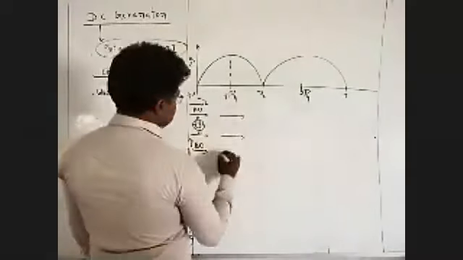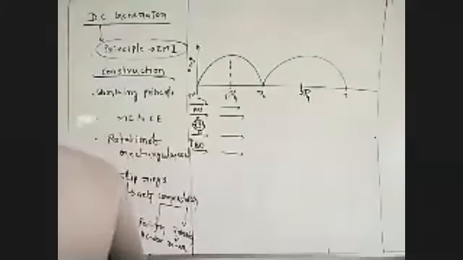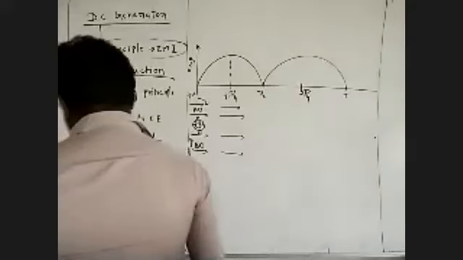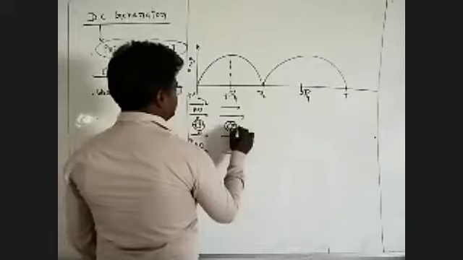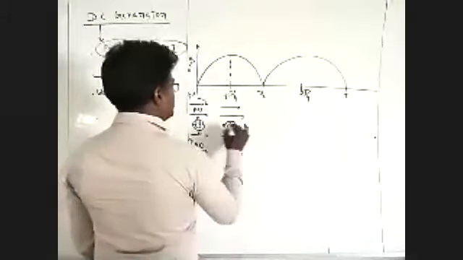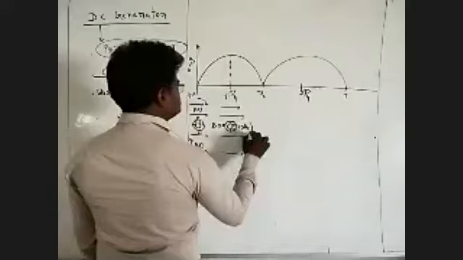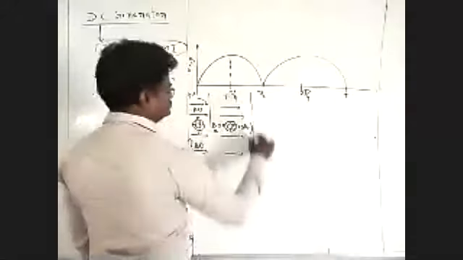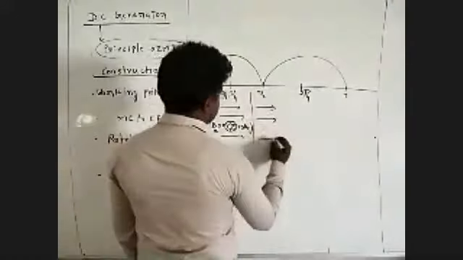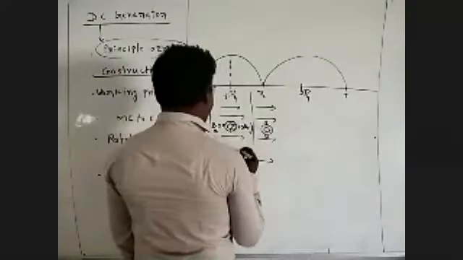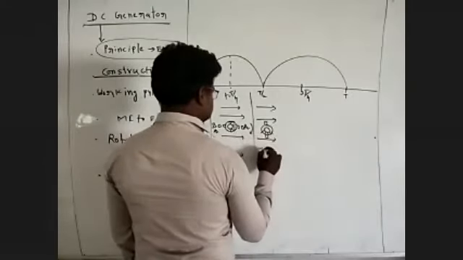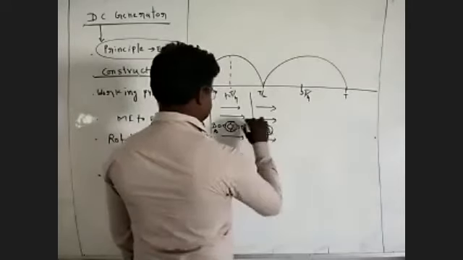This is the second position. This is point B, and B rotates. This is the downward direction.